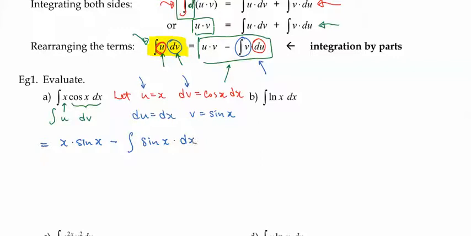Well, technically, du equals dx for now. And as you can see, we can integrate sine x relatively easily. Integrating sine x will give us negative cosine x, and with a minus in front of it, it will be the same as plus cos x.